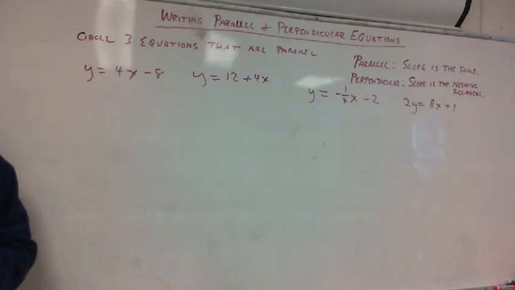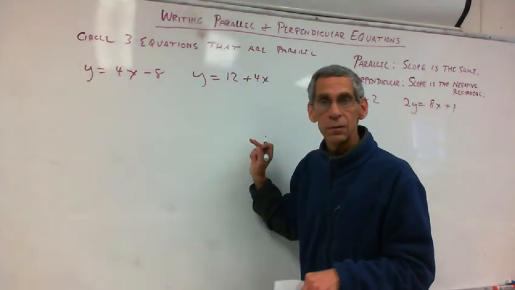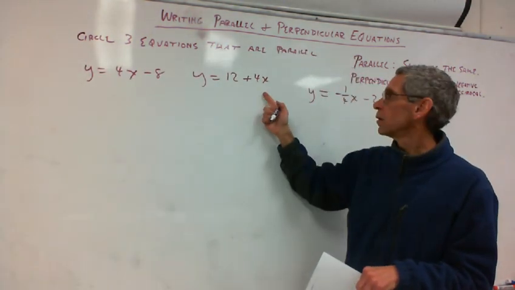First of all, are they all in slope-intercept form? Yes. Which one is not? The second one, y equals 12. Yeah, so how should that be written really? It should be written y equals 4x plus 12.